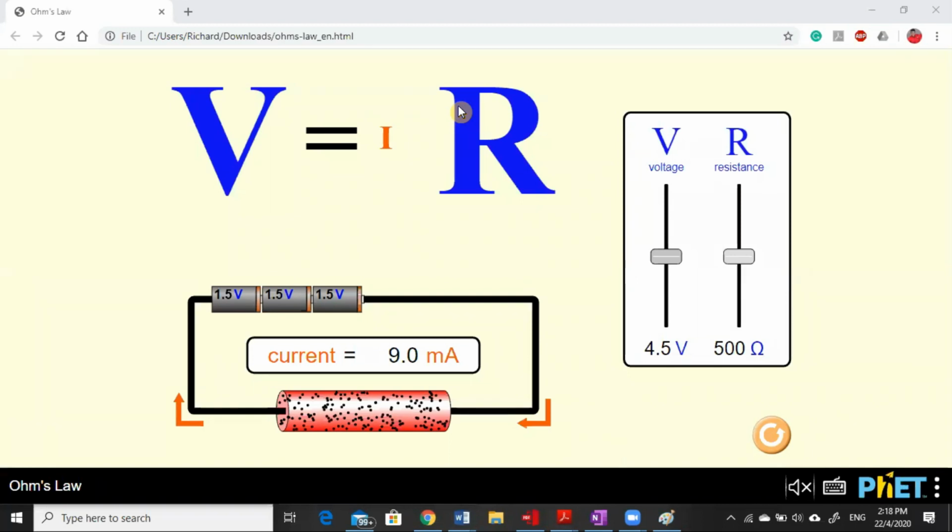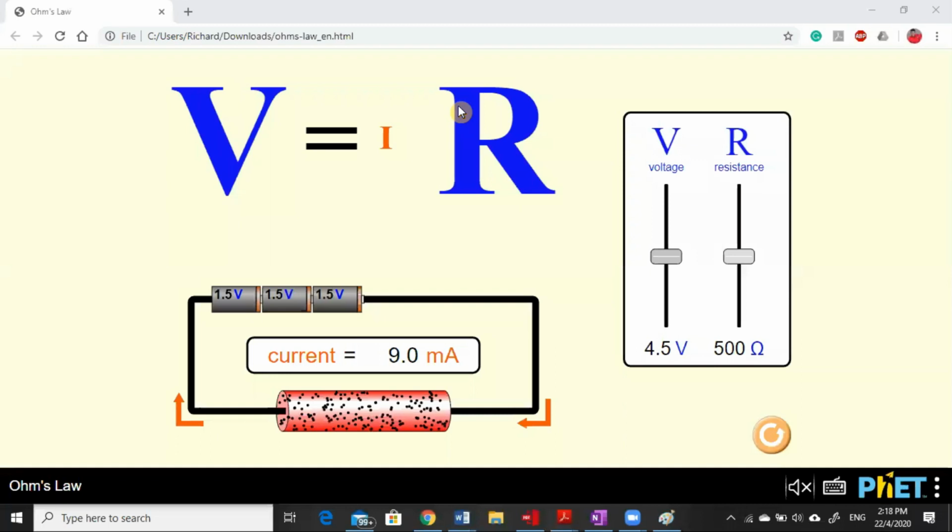If you look at the formula, V is equal to IR, right? V is directly proportional to I. So as V increases, if it is directly proportional, it means that once V increases, I has to increase.